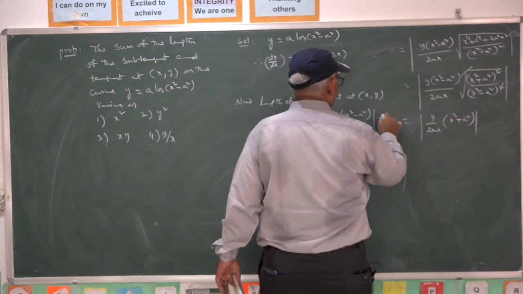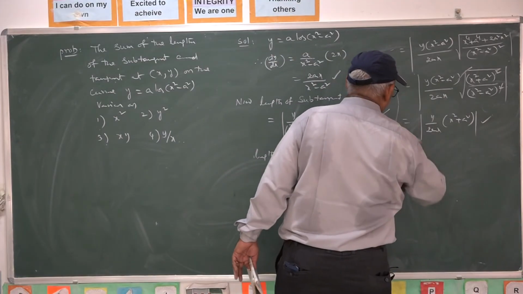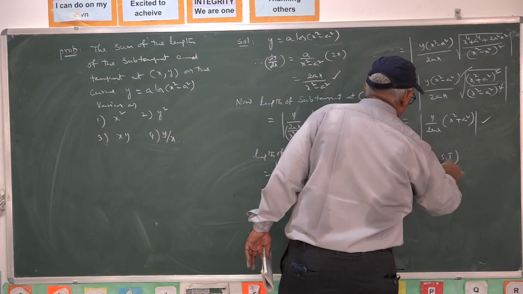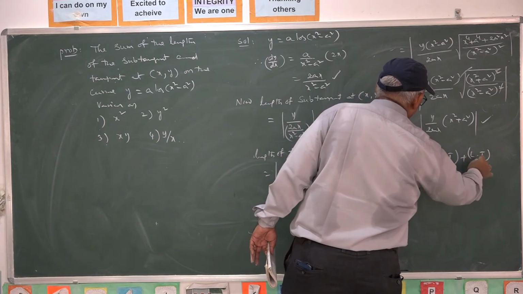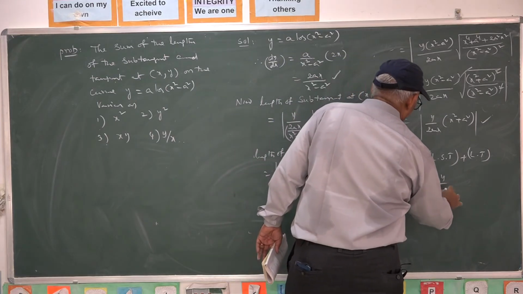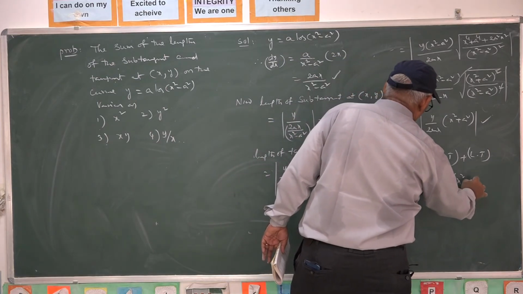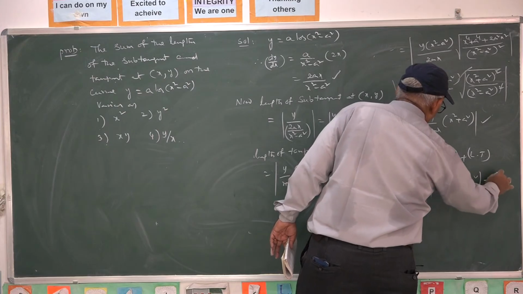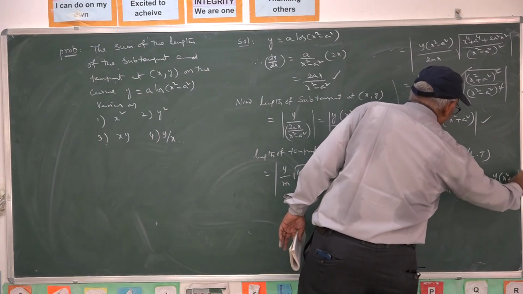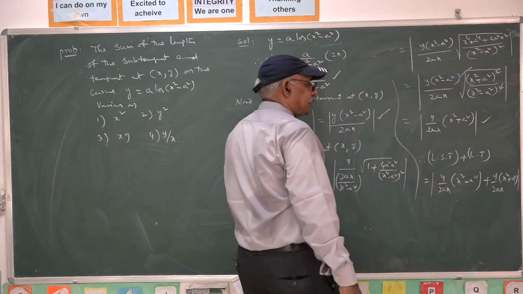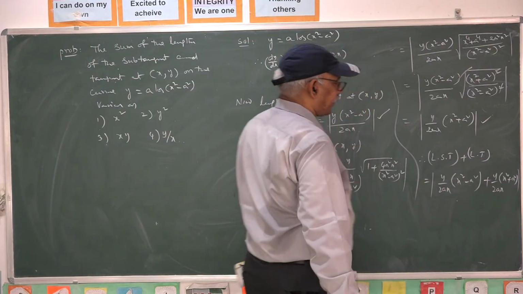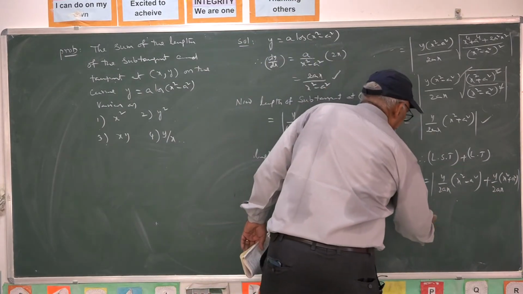Now the sum of these two. So length of subtangent plus length of tangent is given by modulus of y by 2ax taking common; this is length of subtangent, this is length of tangent. I am taking the same modulus.